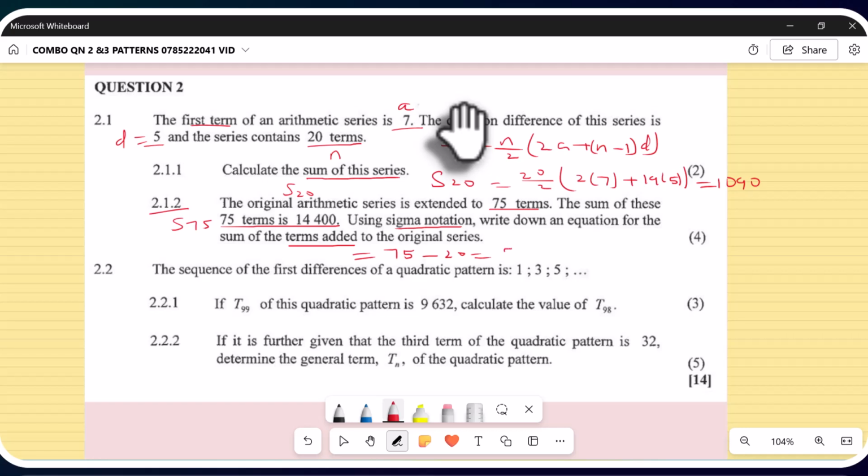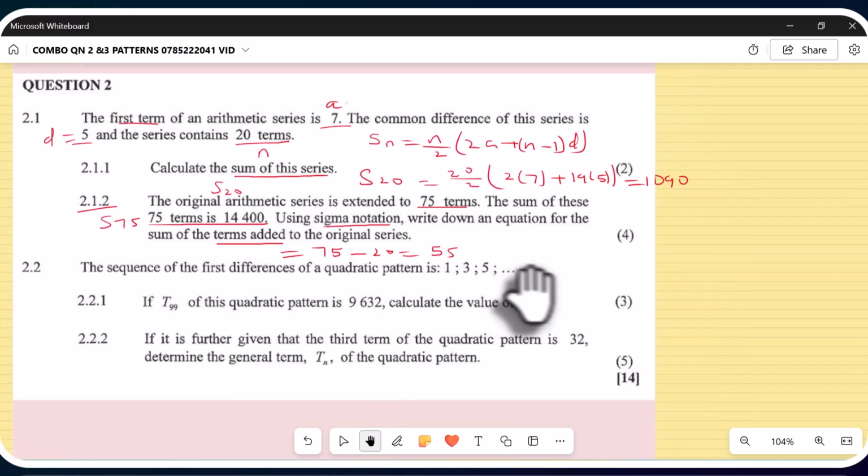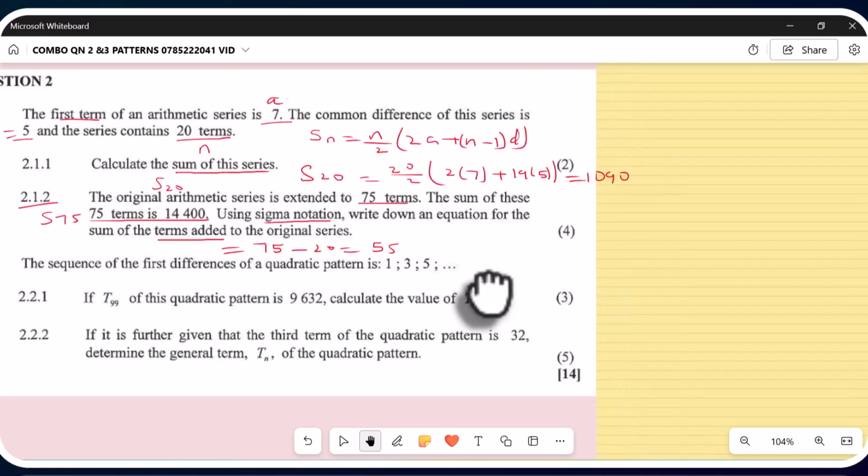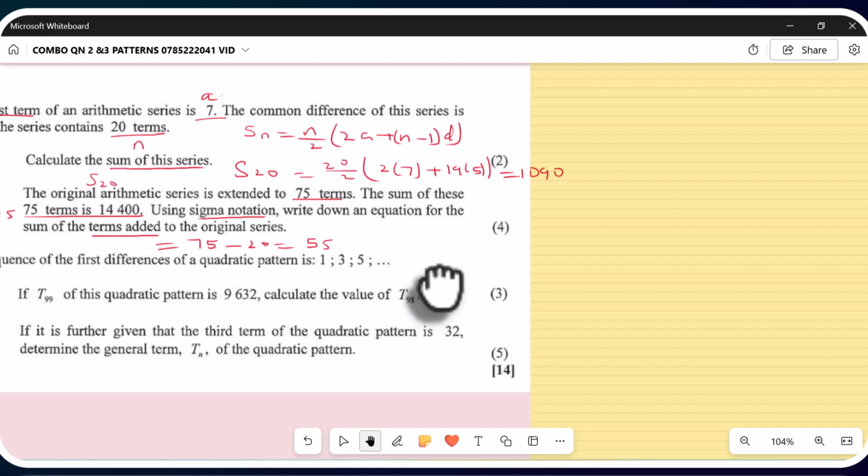Now understand that with sigma notation, you must know your Tn, your general term. This being an arithmetic series, how do you find the Tn? Tn for an arithmetic series is given by Tn equals a plus (n minus 1) times d.